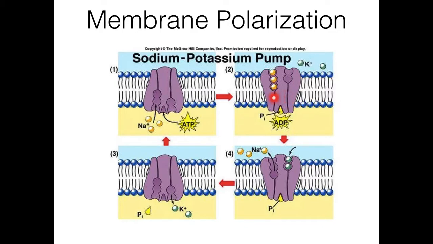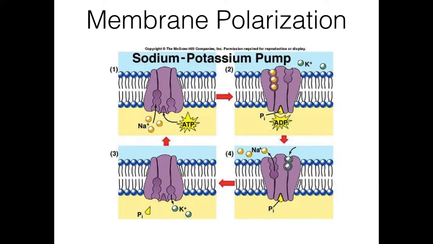They then hydrolyze the ATP, turning it to ADP, and that moves the sodium to the other side, allowing that sodium to leave, and it opens up a binding pocket for 2 potassiums on the outside of the membrane.